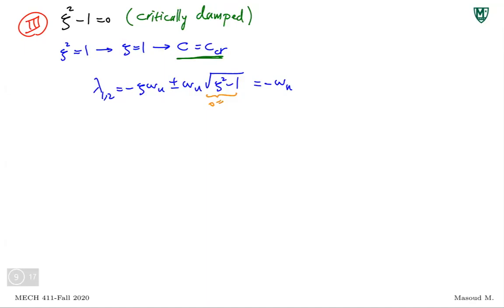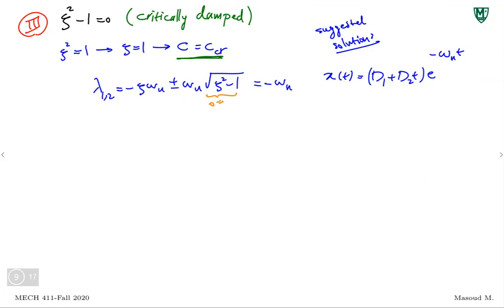So the suggested solution, which is your system response for this case, when you have a critically damped system, becomes x(t) is (D1 plus D2 t) e to the minus omega n t, because zeta is 1, so it becomes minus omega n t.